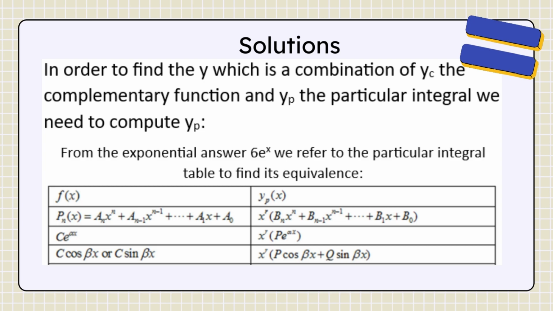As you see on the left side, our answer is really similar to number 2, which is c times e to the power of alpha x. In order for us to find the equivalence, we need to take x to the power of r times p times e to the alpha x. So we will take this as the equivalence function.